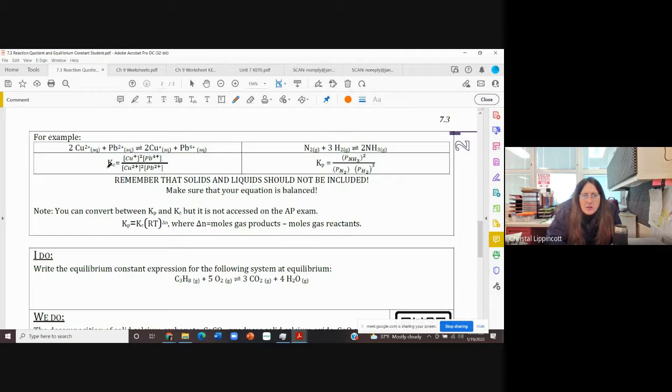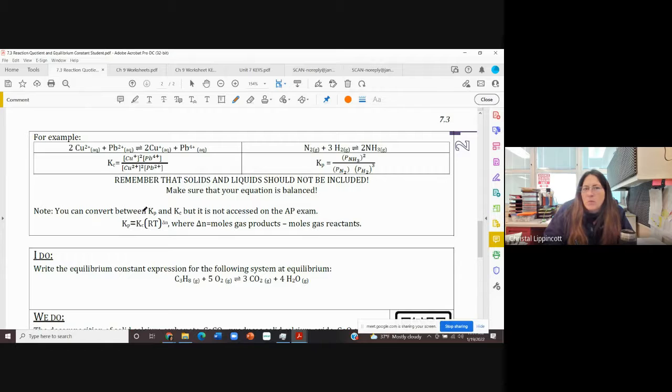What does the K mean? That means it is. Yes. So these would be at equilibrium. They are raised to the power of whatever coefficient was in the balanced equation. Your products go on top. That's these two things. Your reactants go on the bottom. How do you know it's at equilibrium? Because it's K. If it's K, it's at equilibrium.